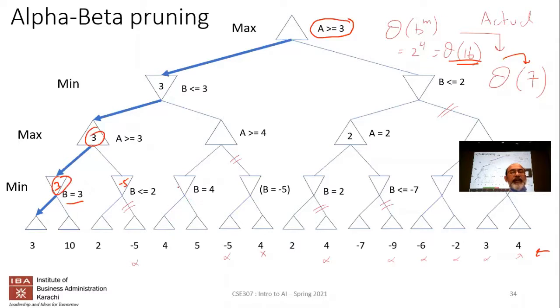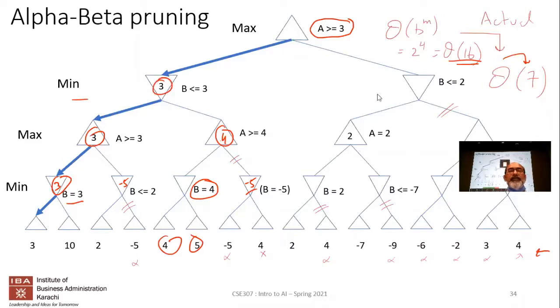This is going to choose 4 between these two, so beta B is going to be 4 over here. I'm doing the minimax right now. Between these two, it's going to check -5 over here. And between these two, it's going to make 4 over here. The minimax value is going to be 4. Between these two, the min is going to choose the minimax value as 3 over here.